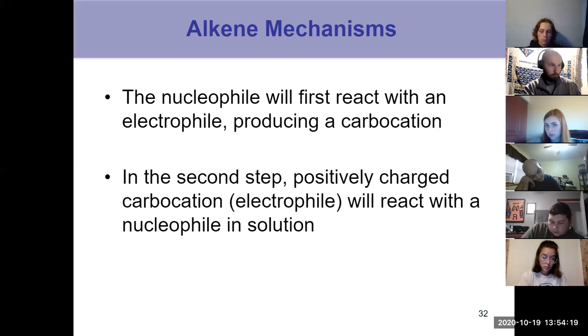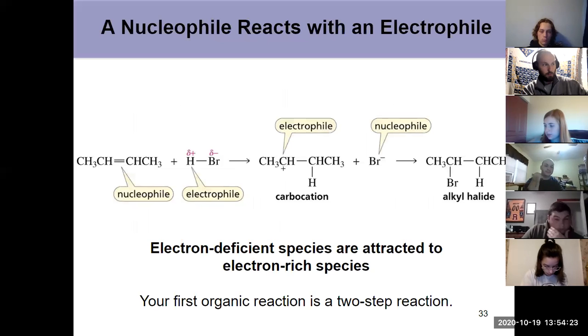The back half of chapter 5 and chapter 6 are all the different variations of those reactions we can see. And as I alluded to at the beginning, this is the exciting day. This is your first organic reaction. An alkene plus HBr. Okay. In chapter 6, we'll expand this to hydrogen halides, but at this stage in the game, we're just thinking about HBr. So what happens here?